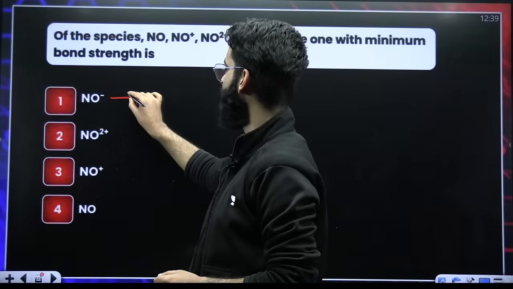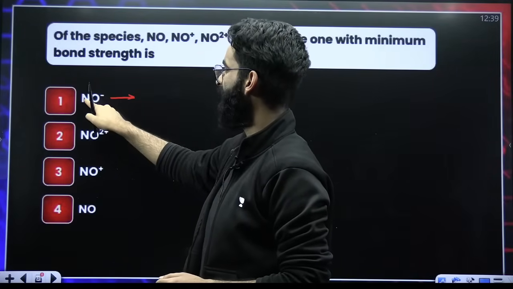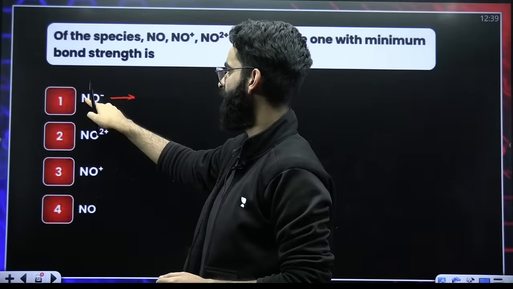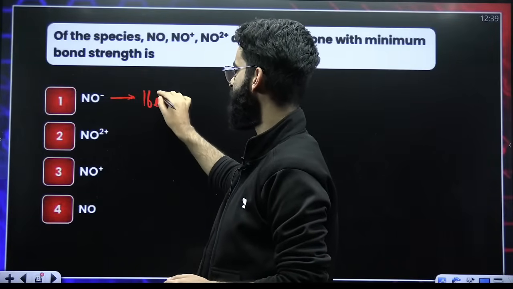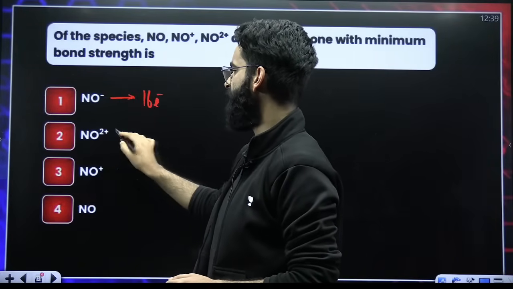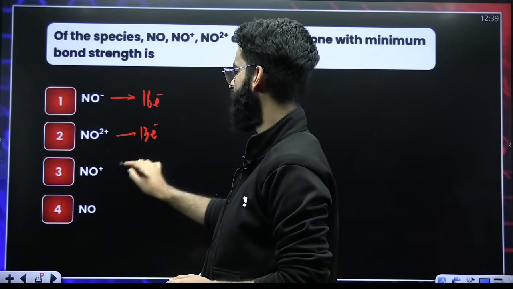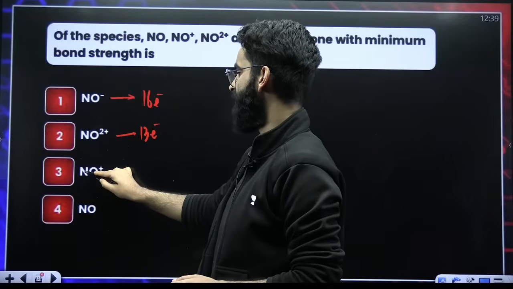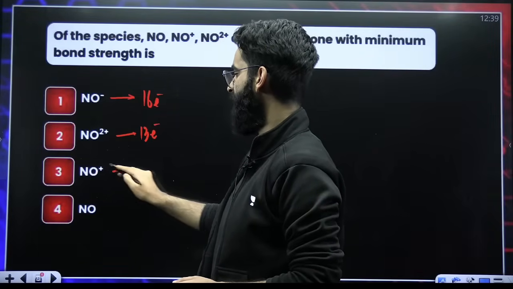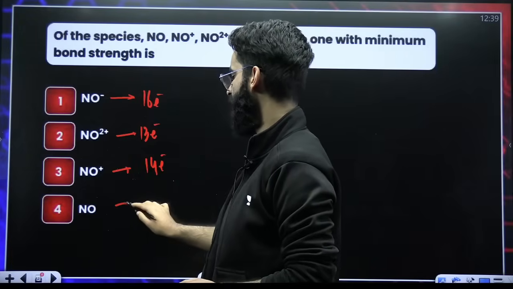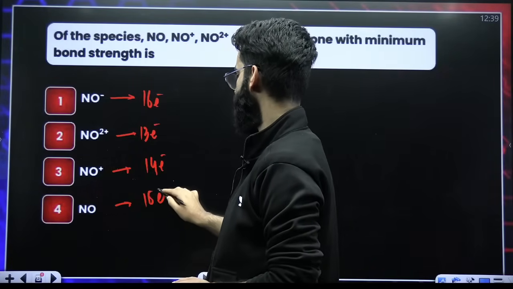NO negative, how many total electrons? 8 plus 7, 15, plus 1, 16 electron species. NO2 dipositive: 15 minus 2, 13 electron species. NO positive: 15 minus 1, 14 electron species. NO: 8 plus 7, 15 electron species.